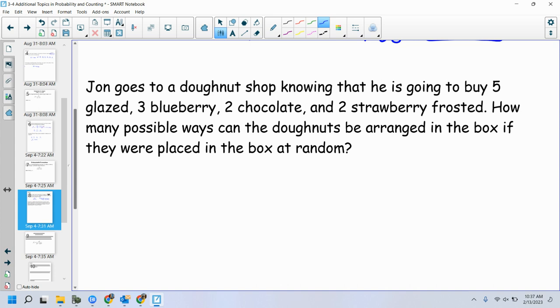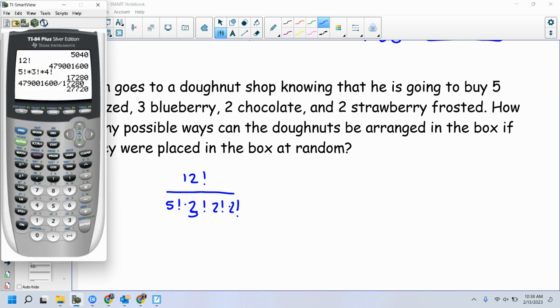So what I have here is 5 plus 3 is 8. Another 12? 12 again? Should have chosen a different number. 12 factorial divided by, okay, we got 5, a 3, a 2, and then a 2. Ooh, yeah, butchering the handwriting there. All right. So we got 479,001,600 divided by, now watch as I put this all in at once.